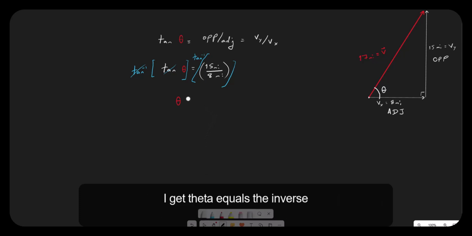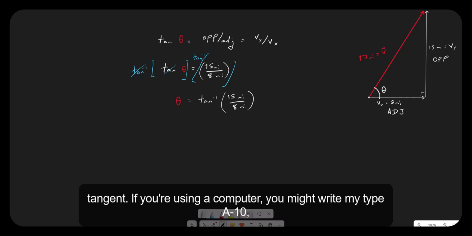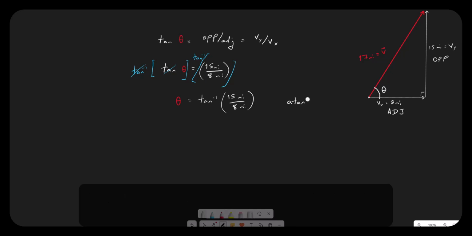So I get theta equals the inverse tangent of 15 miles over 8 miles. If you are using a handheld calculator, you are probably going to say shift and tangent or second and tangent. If you're using a computer, you might type atan, 15 over 8.